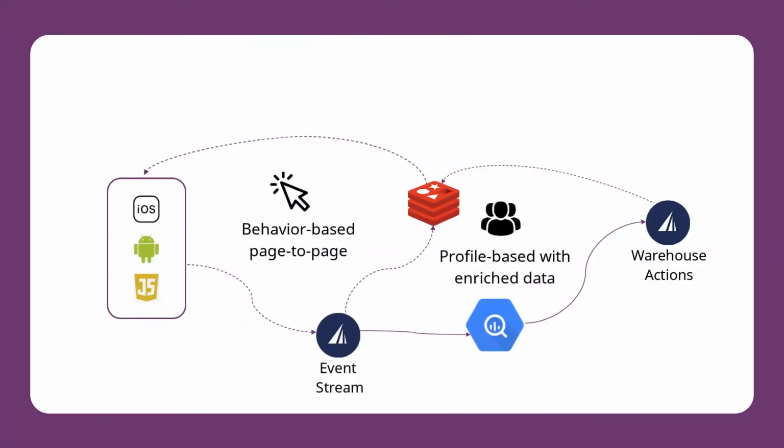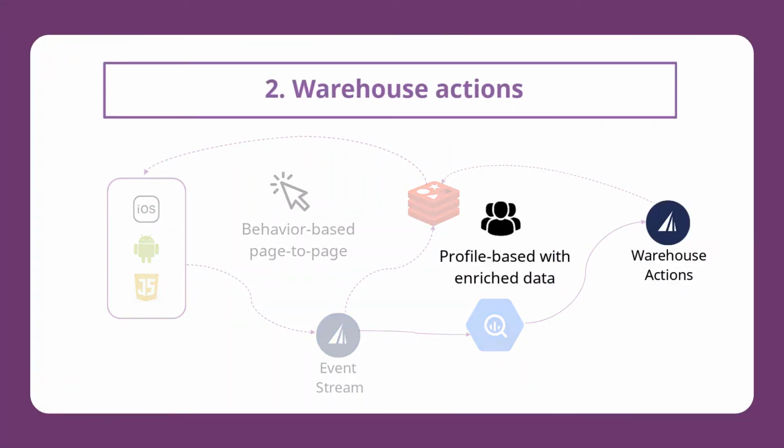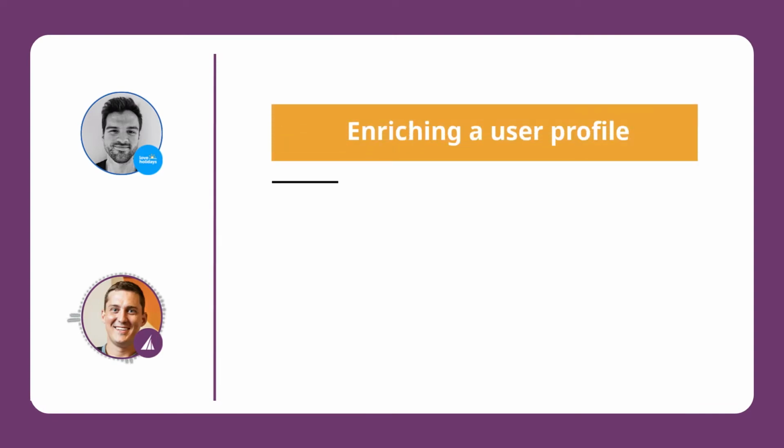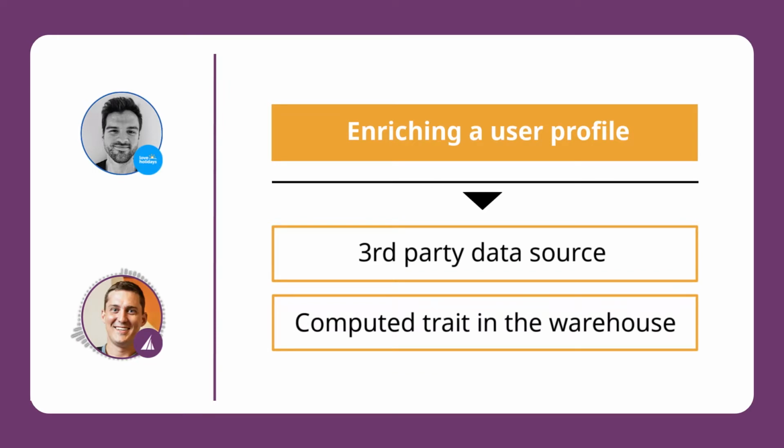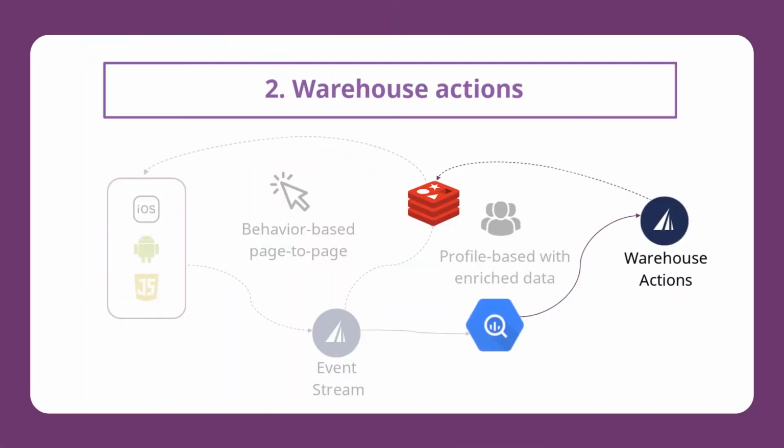The other thing we see that's interesting is using warehouse actions for more demographic focused or user profile focused personalization. For example, when you're enriching a user profile with some third-party data source or some computed trait in the warehouse, you can push that back from the warehouse using RudderStack warehouse actions into Redis. So there's a profile store.